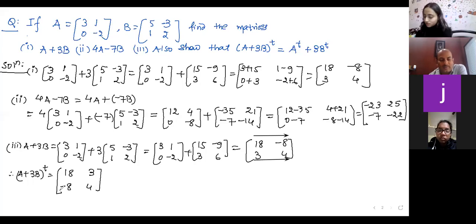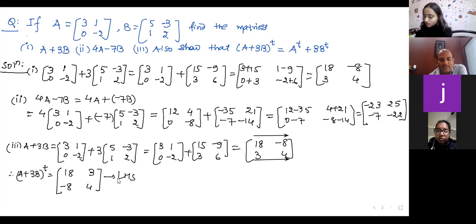First row has become my first column, second row has become my second column, or the other way around, you can say that first column becomes your first row, second column becomes your second row and so on. This is my left hand side.